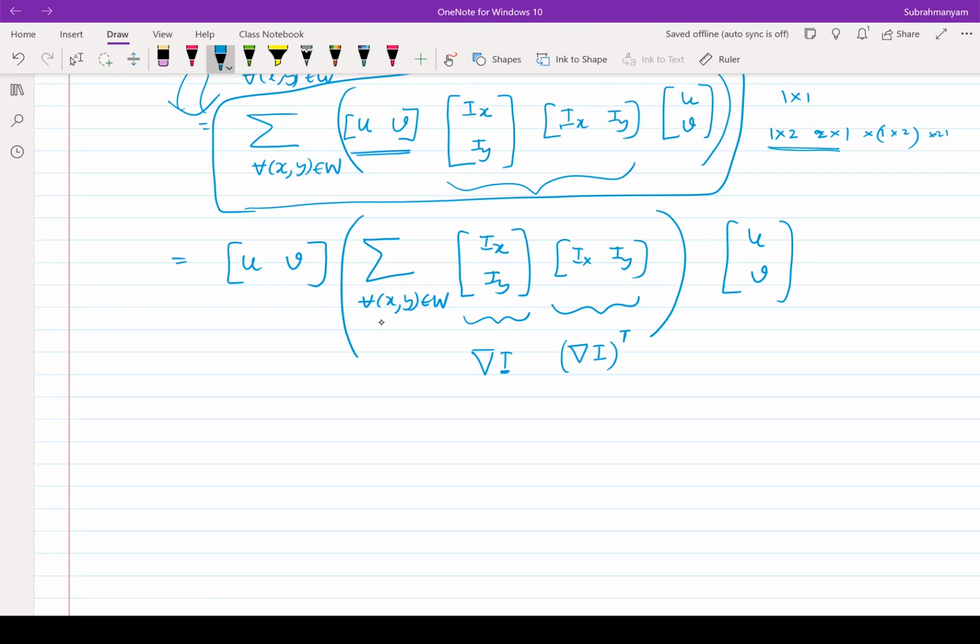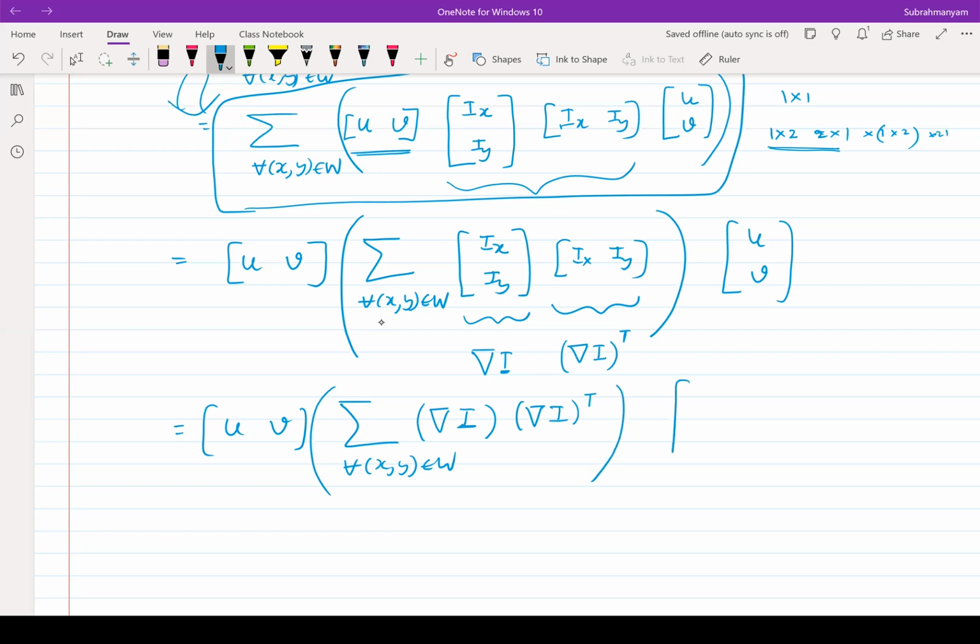So this is one way of representing this: u, v, summation for all x comma y that belongs to W, gradient of I, which, forget not, is a vector, multiplied with gradient of I whole transpose, and then again you are doing it with v. And of course this is your E of u comma v.